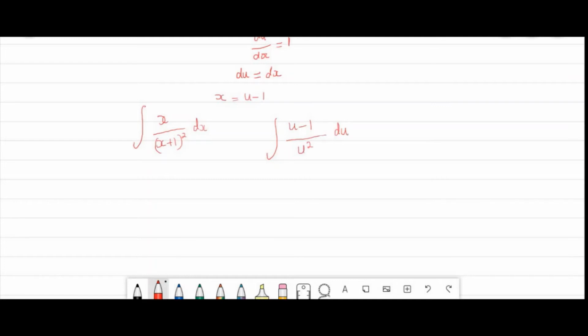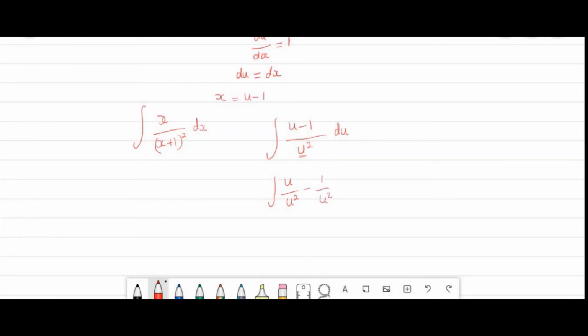So therefore, now to integrate this, because I'm having a common denominator, I can say an integral of u over u squared minus 1 over u squared.